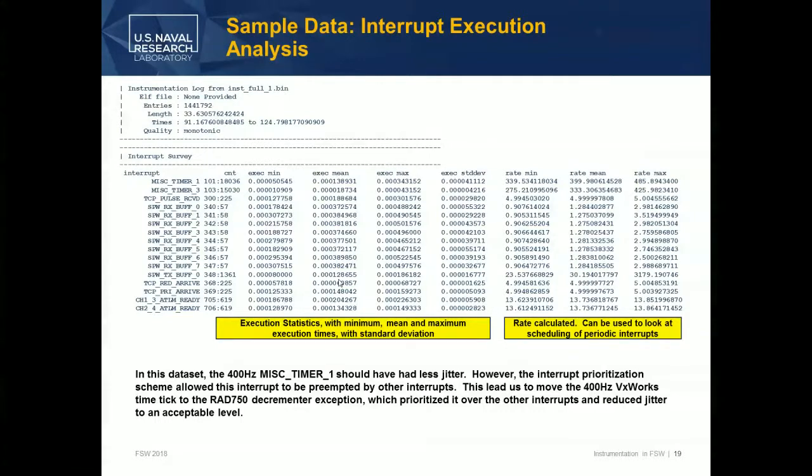So we used this information to re-architect our interrupt structure, because in the RAD750 interrupt prioritization scheme we were using, this one would get preempted by another interrupt. So we figured we could move this 400 hertz interrupt over to the decrementer and get much better jitter performance on that.